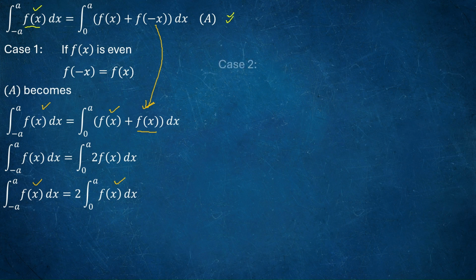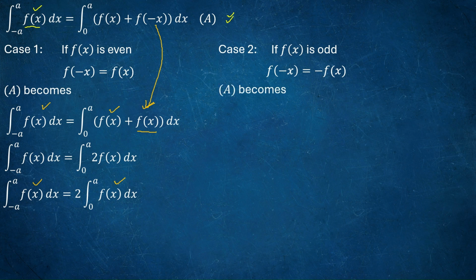Now we take the second case when f of x is odd. If f of x is odd, then f of minus x is equal to minus f of x by definition. So the expression a can now be written as the integral from minus a to a f of x dx is equal to integral from 0 to a f of x plus minus f of x.